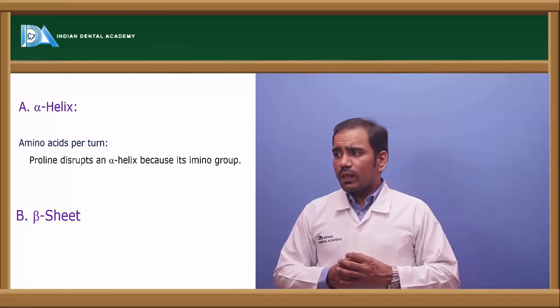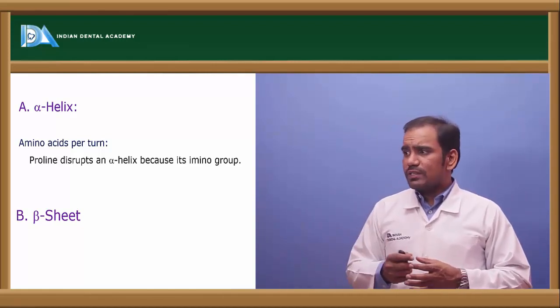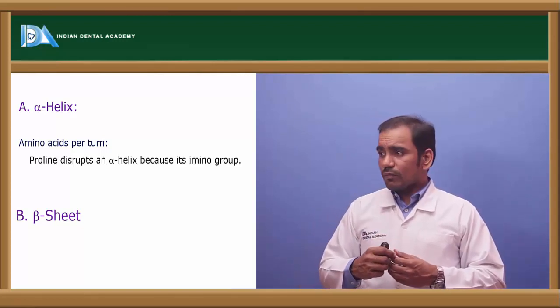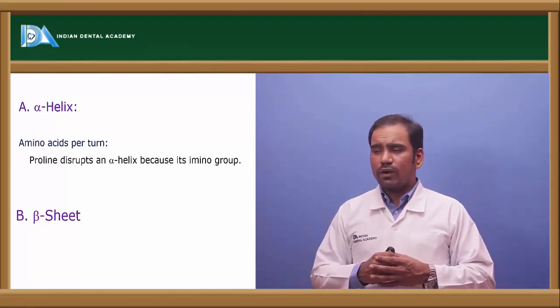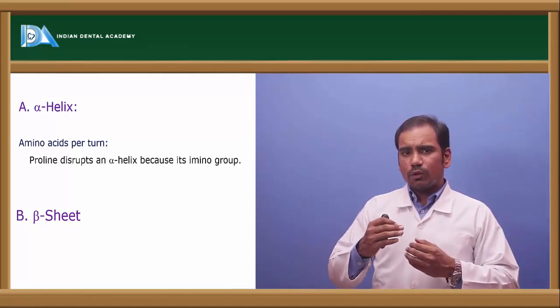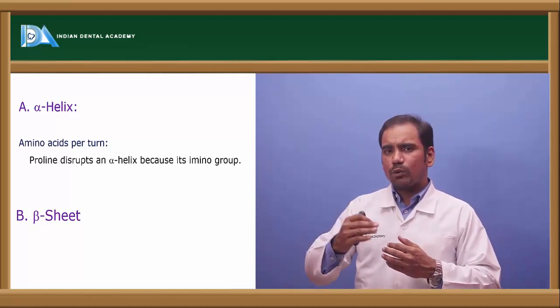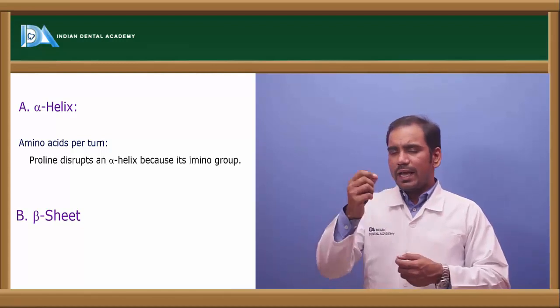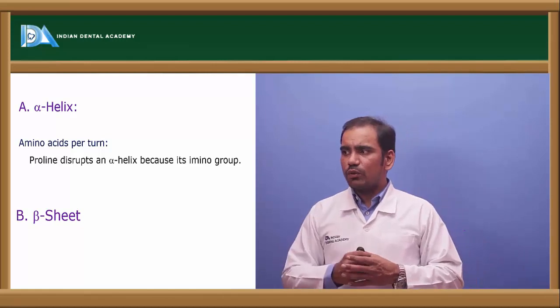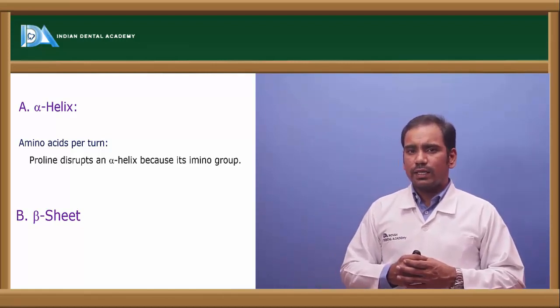The bonds between the amino acids placed at a distance of 3 to 4 amino acids result in the helical secondary structure, which we call alpha helix.